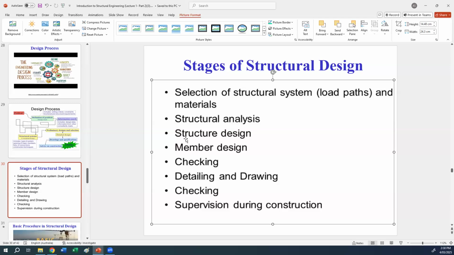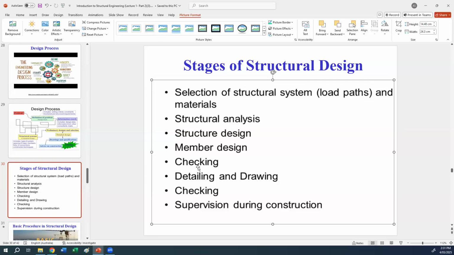Then after structural analysis, we have the structural design, which includes the capacity of the member and load combinations, which we will learn now. Then the member design means selecting a suitable cross section for each member.